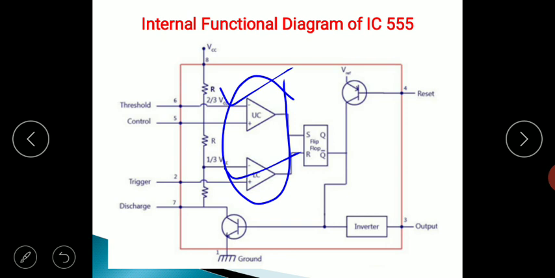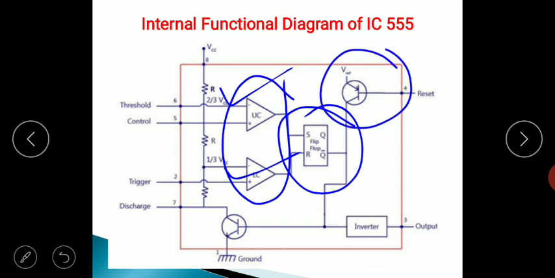Then there is one SR flip-flop, and the output of the SR flip-flop will decide the output of this 555 timer IC. Then we have 2 more transistors used here. This transistor is used for resetting purposes, and this transistor is used for discharge purposes. And this is the inverter or power stage from which we get the output.